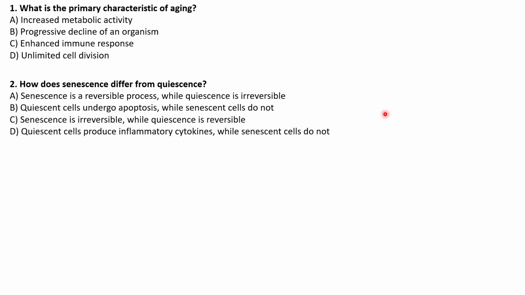And then later, in some time, if the environment or the conditions were to become optimal again, it can reverse back into interphase and start undergoing mitosis again, or cell division in general. So that makes it a reversible phase the cell can be in.